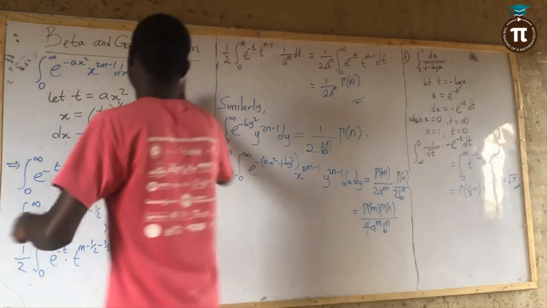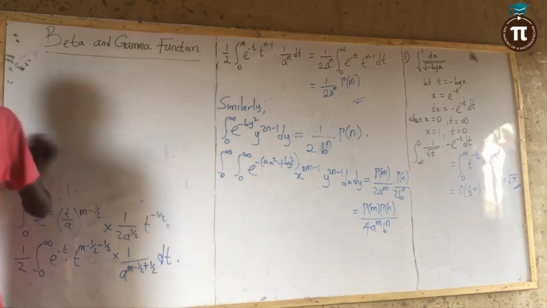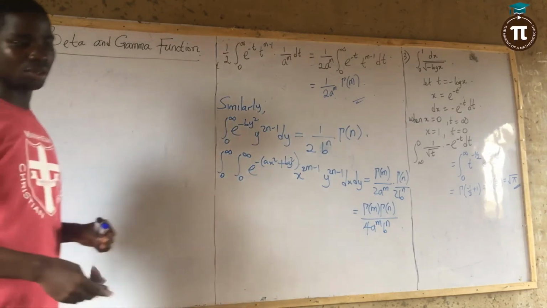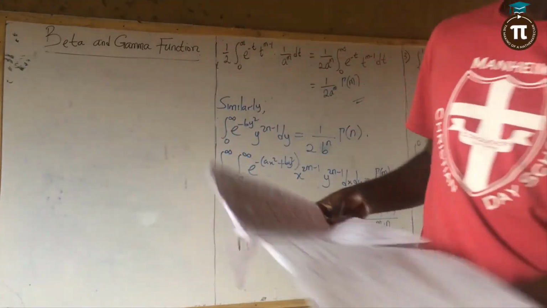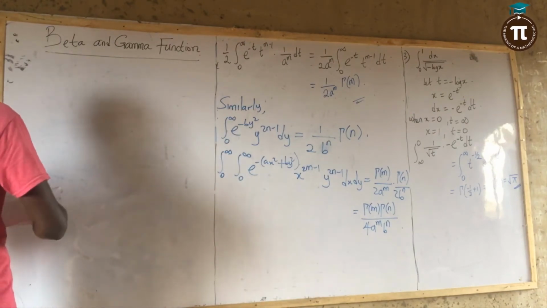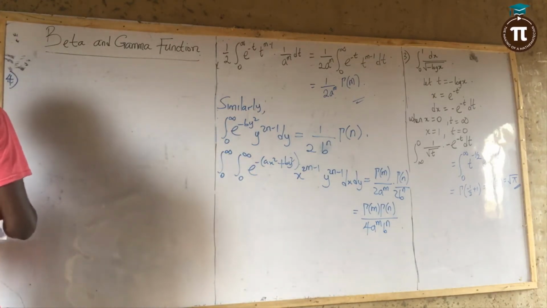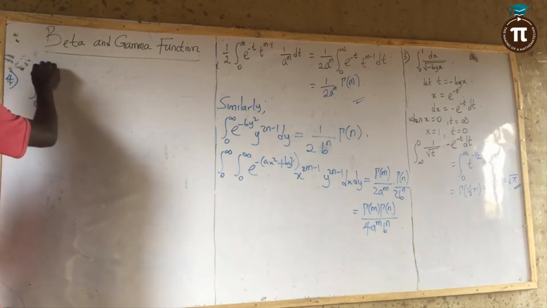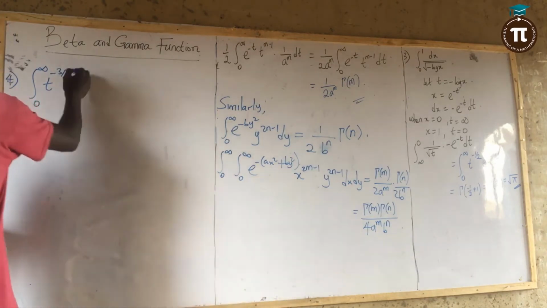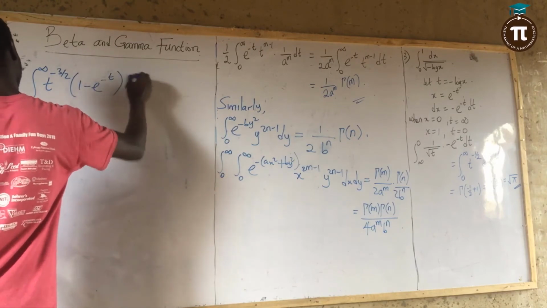Number 4. I have integral from 0 to infinity of t raised to the power of minus 3 over 2, open bracket 1 minus e raised to the power of minus t, dt.